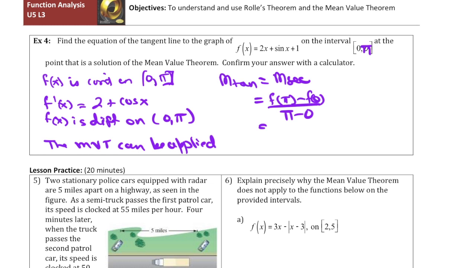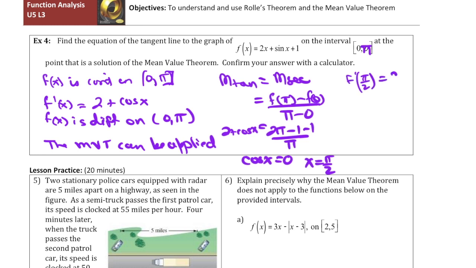And that will give us 2 minus 1 over pi is equal to 2 plus the cosine of x. We don't even need a calculator for this. We know that the cosine of x is equal to 0 when x is equal to pi over 2. So now we know that f prime at pi over 2 must be equal to 2. That tells us where we have our point.